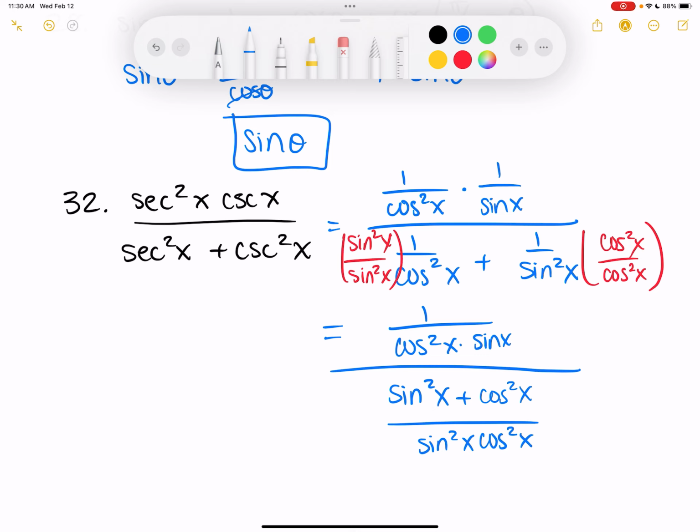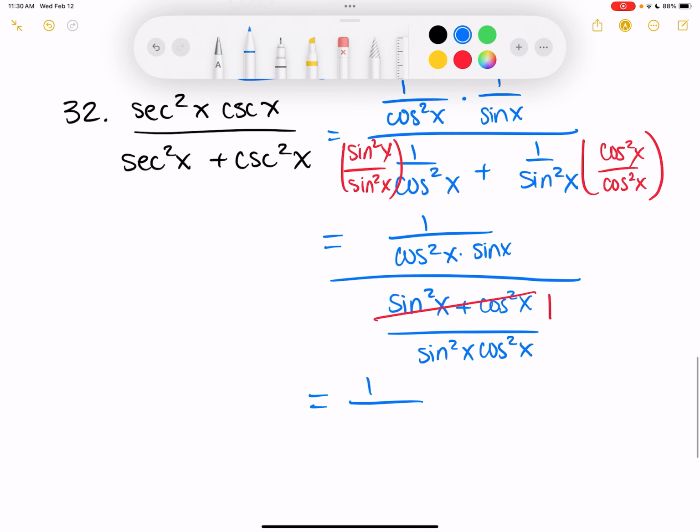Sine squared plus cosine squared is 1. So instead of having to rewrite this whole thing, I'm going to put a line through this and just rewrite that that's a 1. So I don't have to rewrite the whole thing. Now I have a fraction divided by a fraction, so I can keep, change, flip.